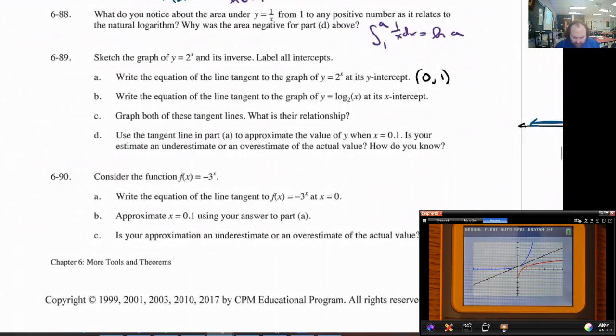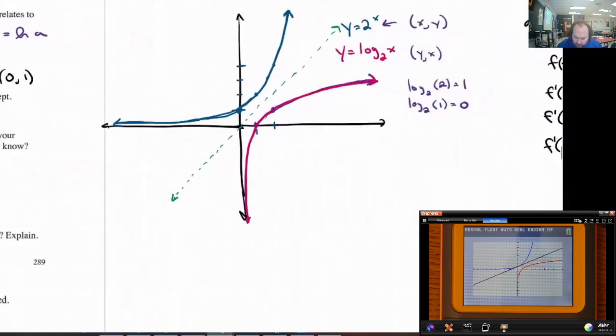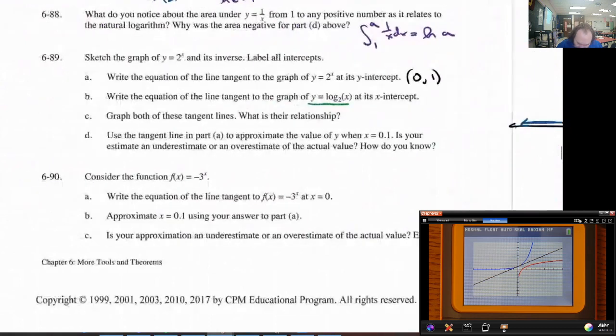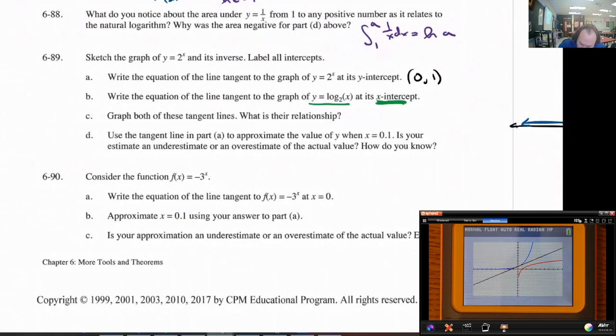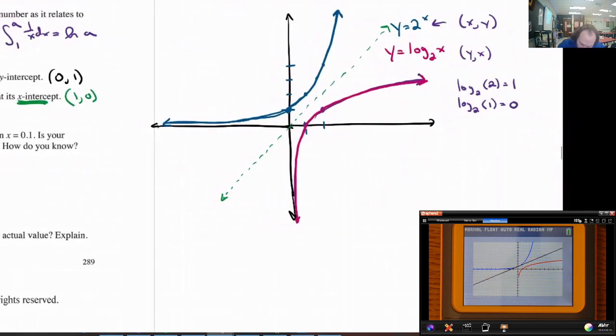Question B is going to ask us to write the equation of a line tangent to the graph of log base 2 of x at its x-intercept. We have to be careful there. The x-intercept of that graph is the point (1, 0), where this graph crosses the x-axis.